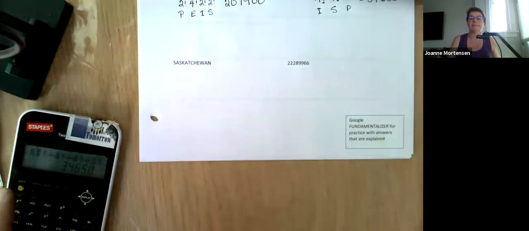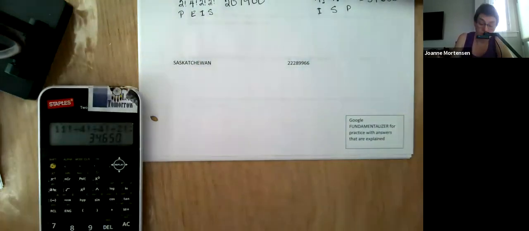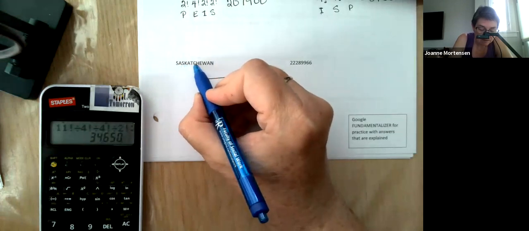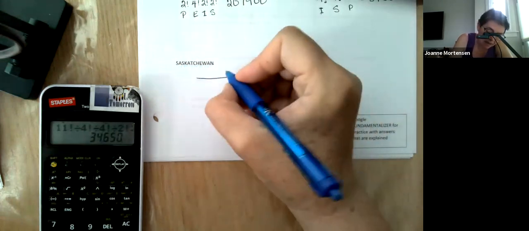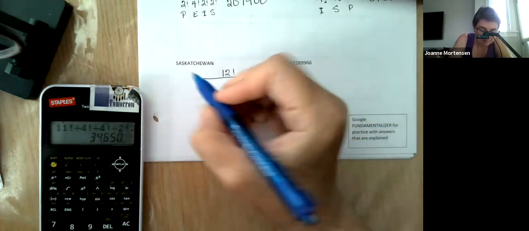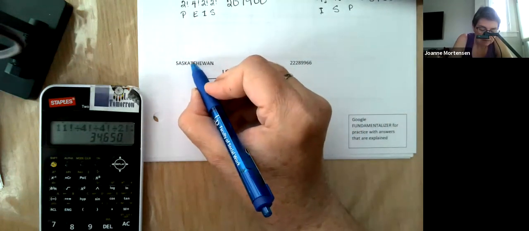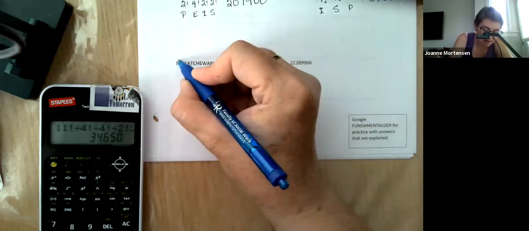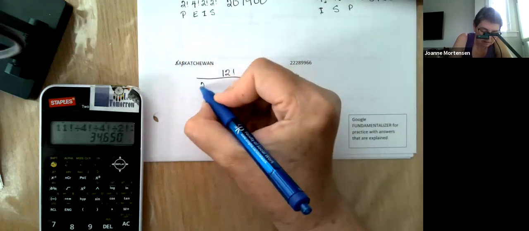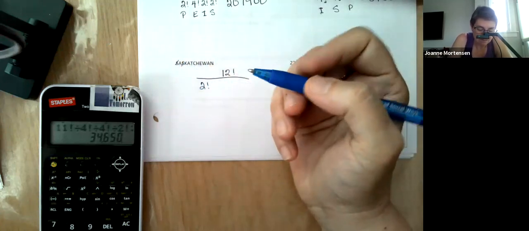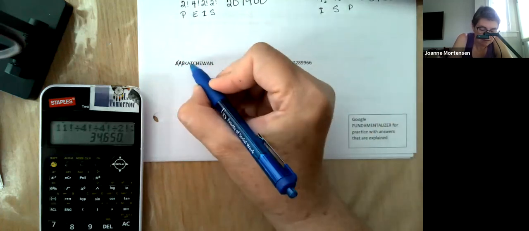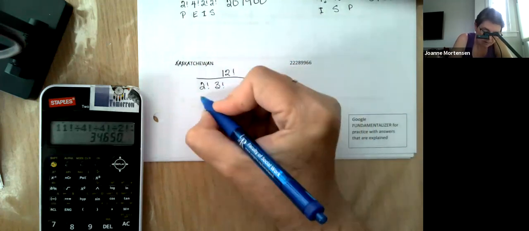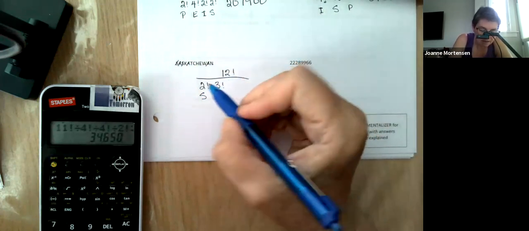I hope there's not 11 letters in the word Saskatchewan. 1, 2, 3, 4, 5, 8, 9, 10, 11. Yay! All right, now we have 2 factorial for the S. Now we've got 1, 2, 3 A's.